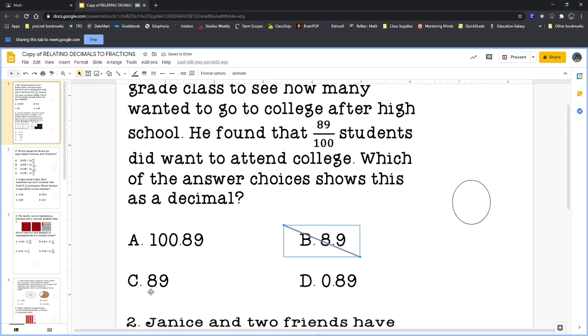Answer choice C does not even have a decimal. If they want me to make it into a decimal, they should at least have a decimal point somewhere. So I can't pick answer choice C either. Answer choice D has a decimal, tenth, and a 100th place.